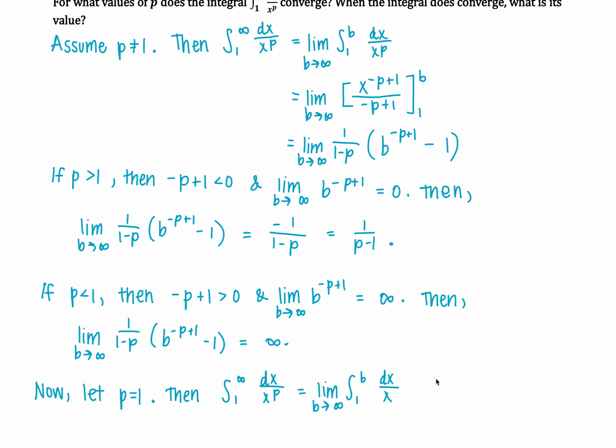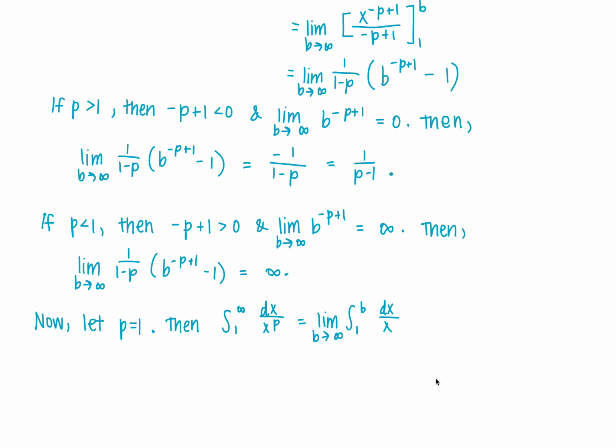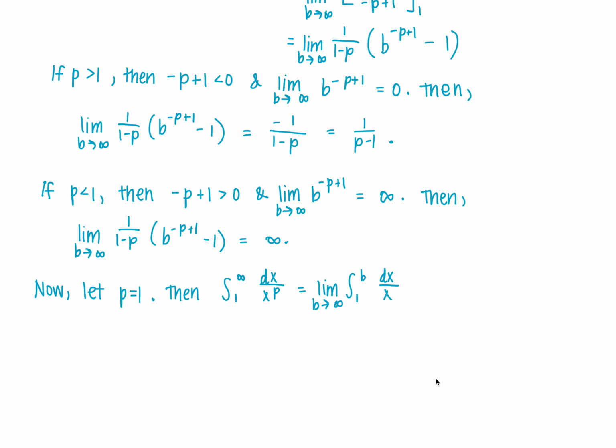Well, like I said, this is not going to use the power rule to integrate. This integrates just to the natural log of x. So we're going to be looking at the limit as b approaches infinity of the natural log of x. We're going to evaluate that from 1 to b.